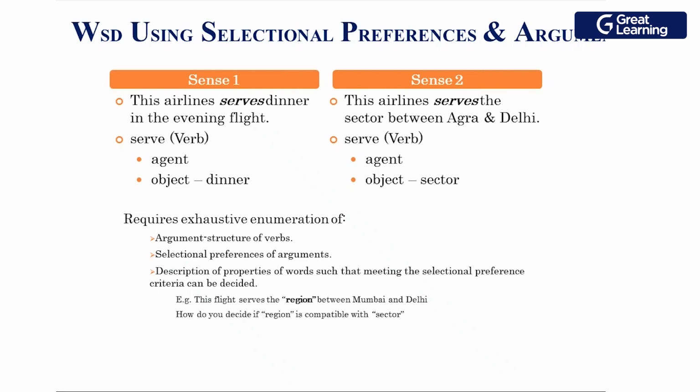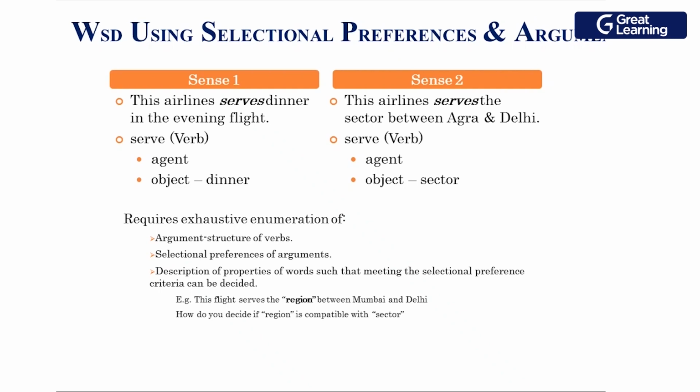If you are now given a sentence like this flight serves a region between Mumbai and Delhi, you would say that region is present in this particular sense of the verb serve, and therefore this serves is really this particular sense.